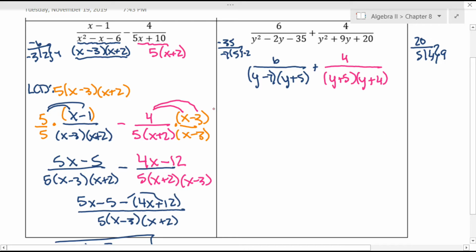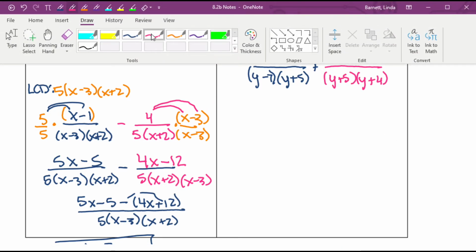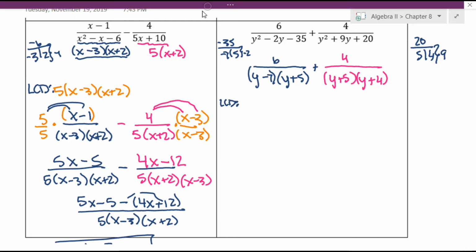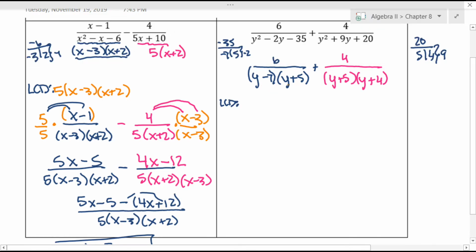All right, now we need to figure out what our LCD is going to be. What's the least common denominator? I'm going to need to have both of the factors from the left-hand side. So I need a y minus 7. I also need a y plus 5. And I need any factors I'm missing from this side. I already have the y plus 5, so I just need to add the y plus 4. When I'm thinking about what I need to multiply by, I'm looking at which factor is missing.